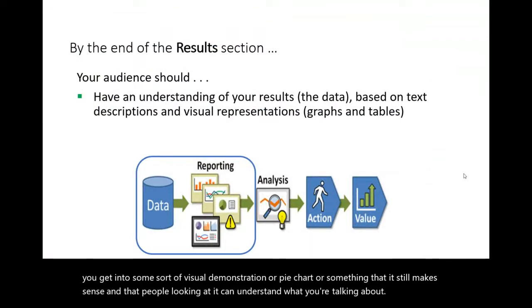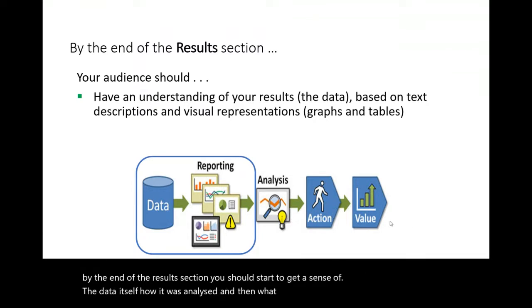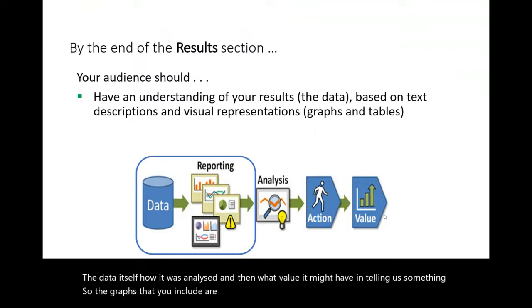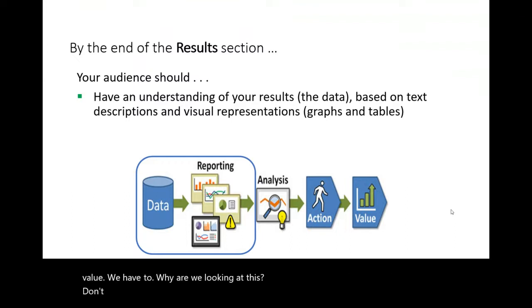So by the end of the results section, you should start to get a sense of the data itself, how it was analyzed, and then what value it might have in telling us something. So the graphs that you include are not just graphs for graph's sake. They have to have some value. We have to ask, why are we looking at this? Don't just take the data and convert it.